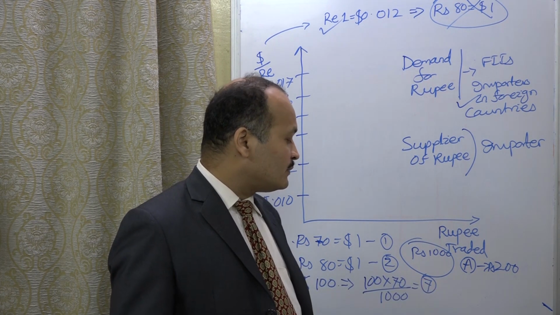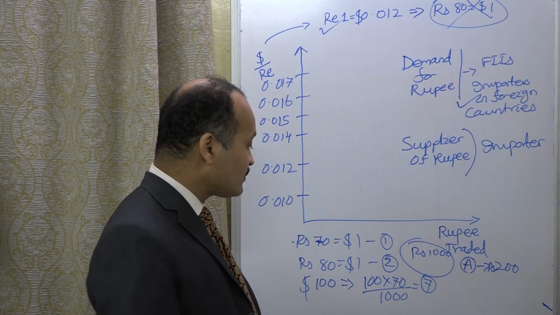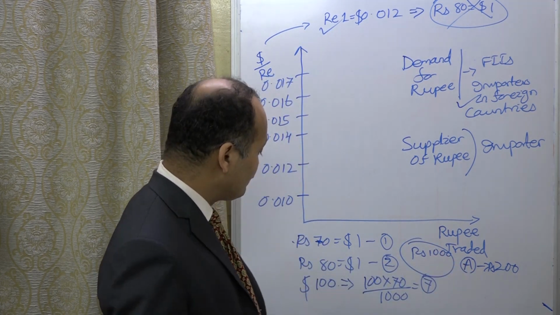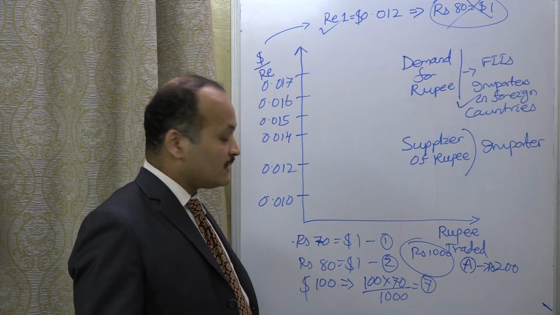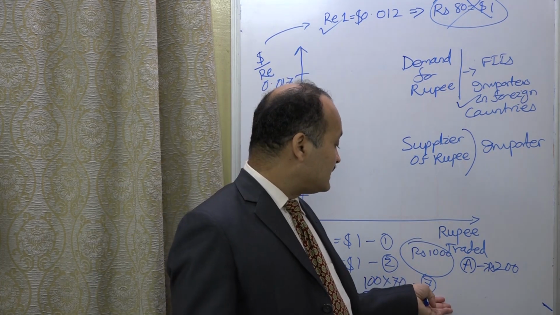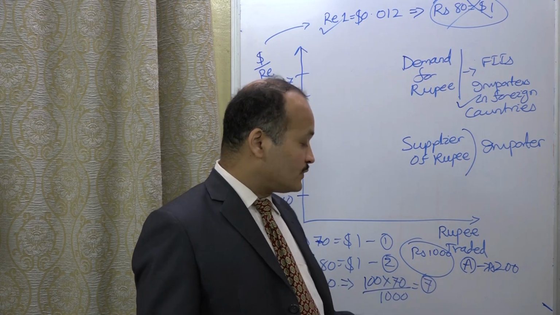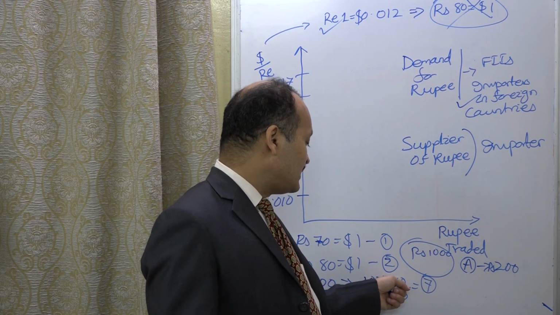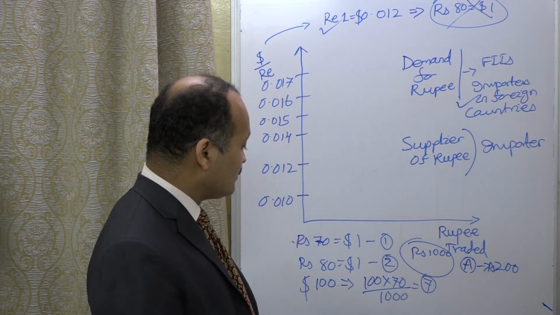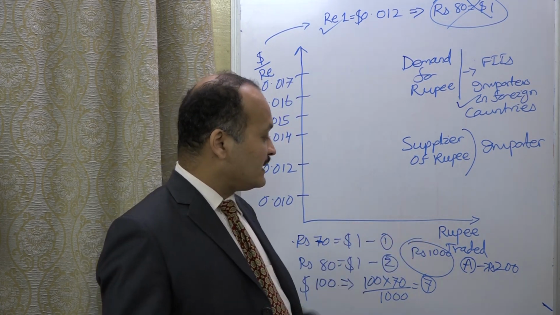So he will be able to get 35 units of company A's equity. Now if the exchange rate were 80, he would be able to buy 100 into 80 divided by 200, which gives 40 units of company A's stock.